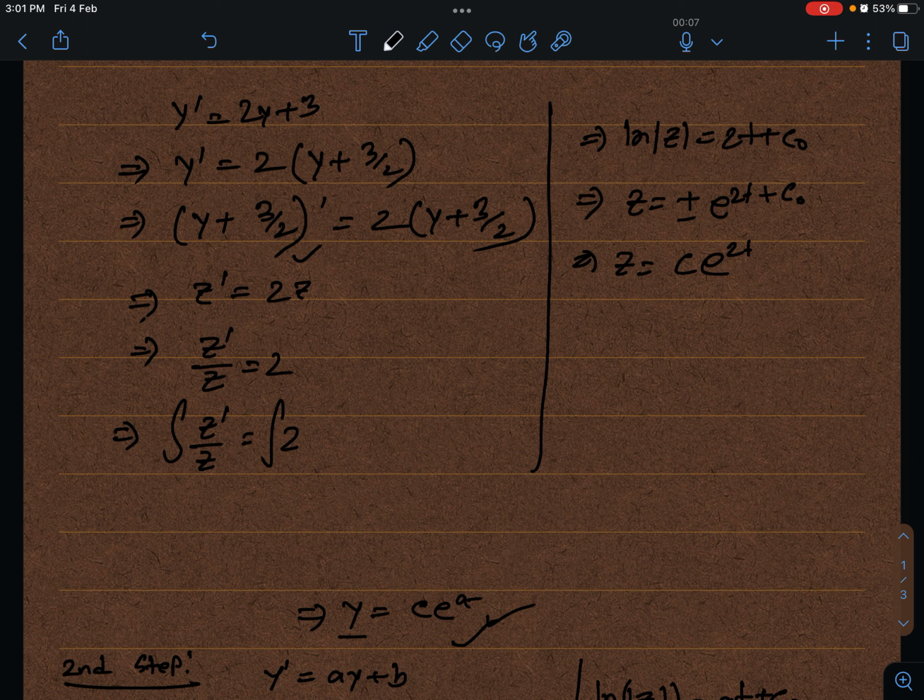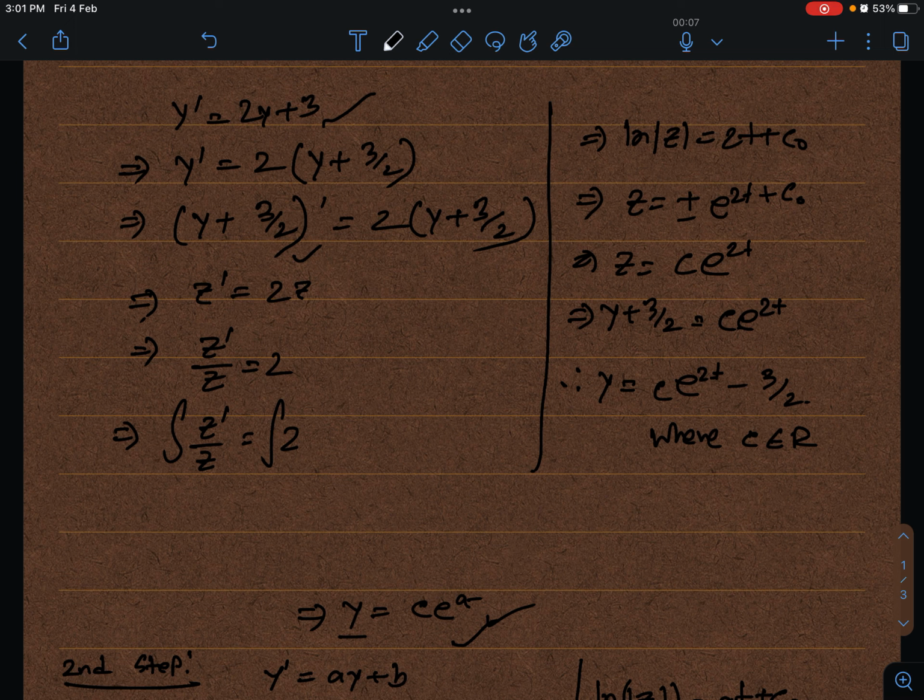Rewriting the z term with its original value, we have y plus 3 by 2 equals c e to the power 2t. So we have y equals c e to the power 2t minus 3 by 2, where c can have any real value. So this is the solution for this particular differential equation. I hope you get this part.